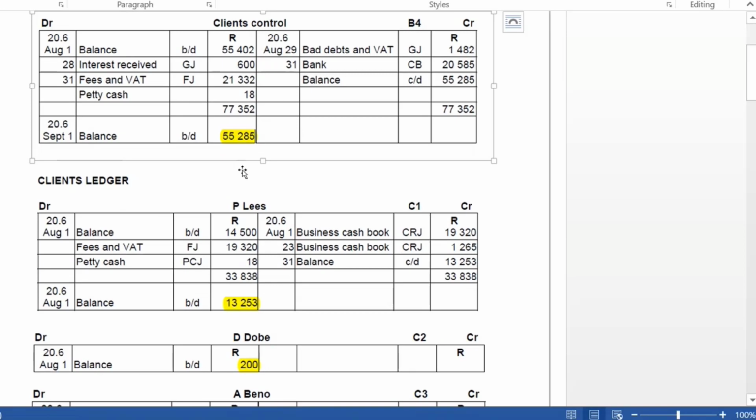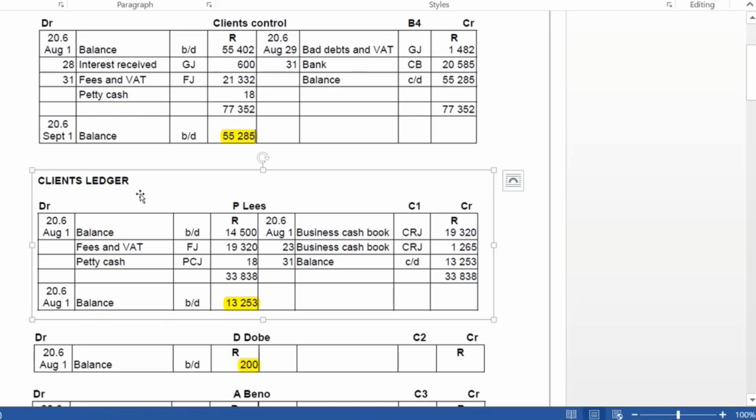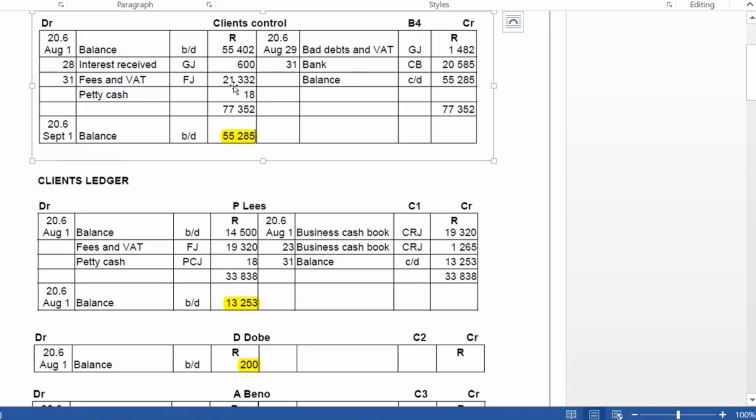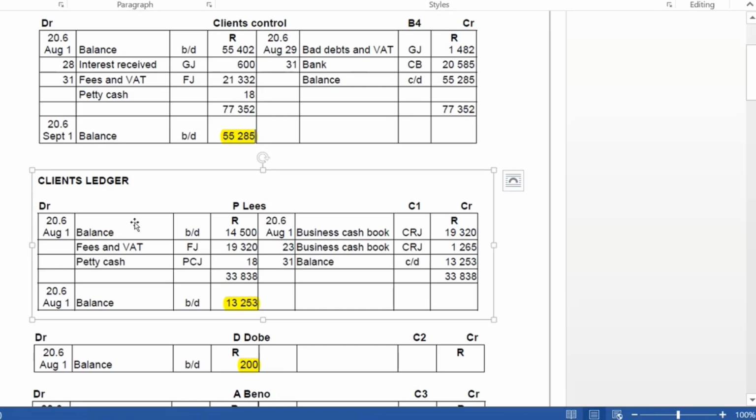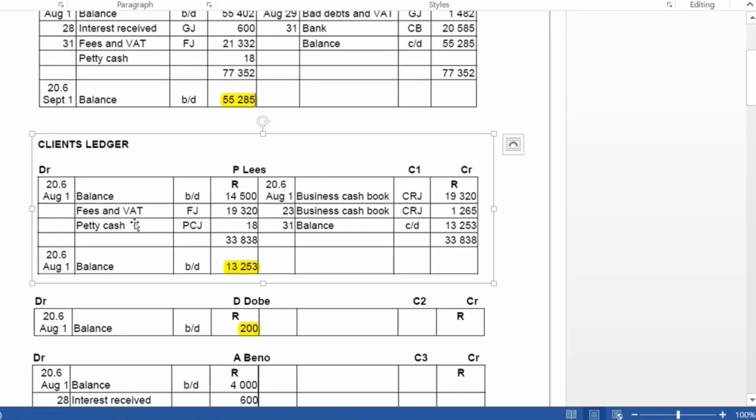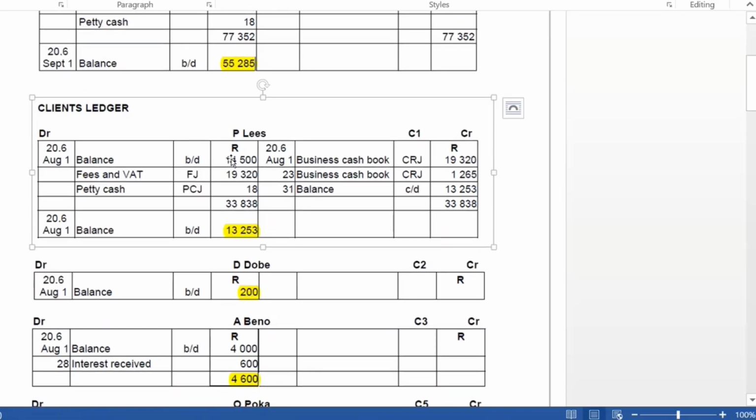So basically, this 55,284 on the client ledger is summarizing all the individual clients. So the 55 is in total, and the client ledger is the individual clients or customers.